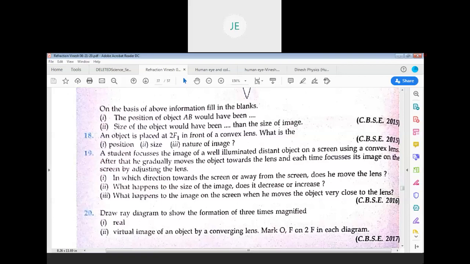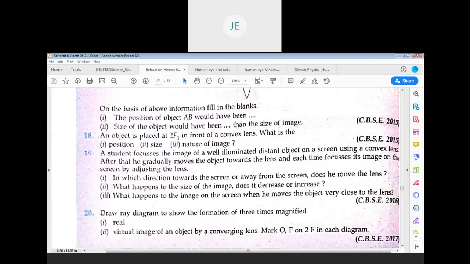Yes sir, he is moving the lens towards the screen. That means he is increasing the object distance, so the size of the image gradually decreases.